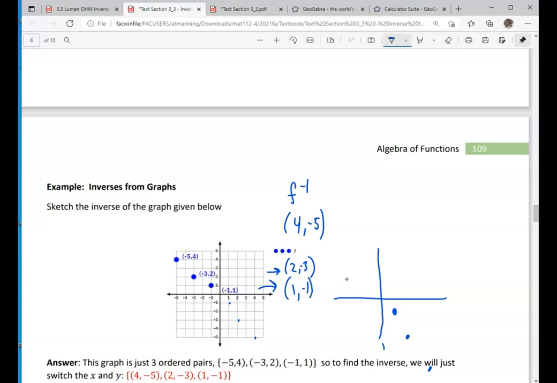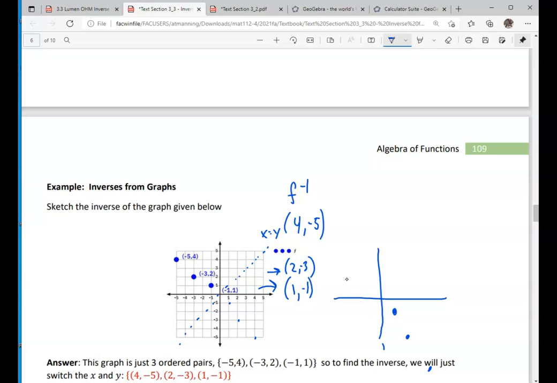If you look carefully, you will see that the inverse is actually a reflection of the original function around the line x equals y. If I simply flip my graph around, for any function I have here, the inverse will always be a reflection of the original one around that diagonal line.